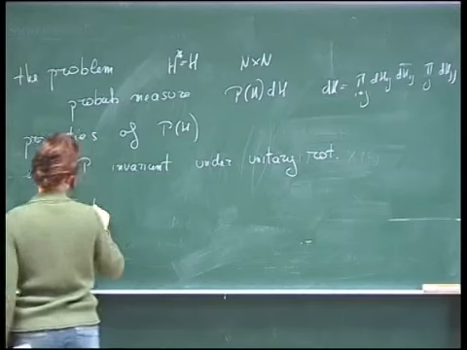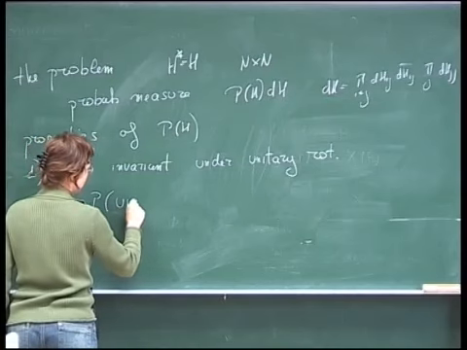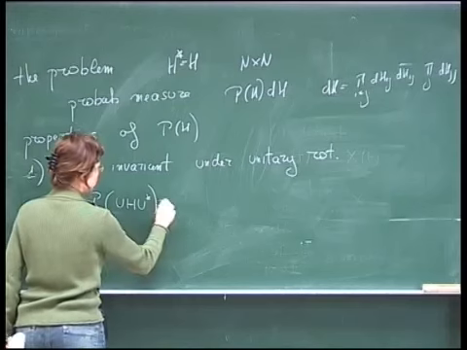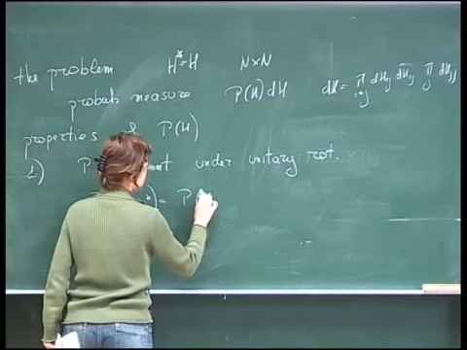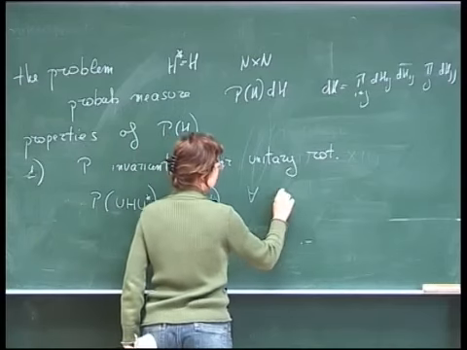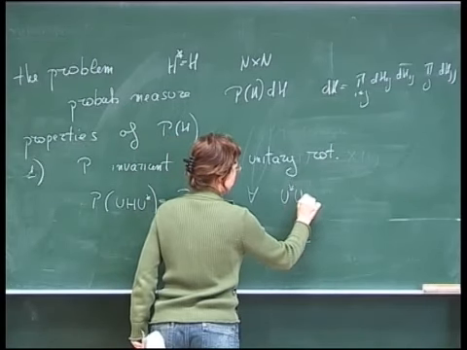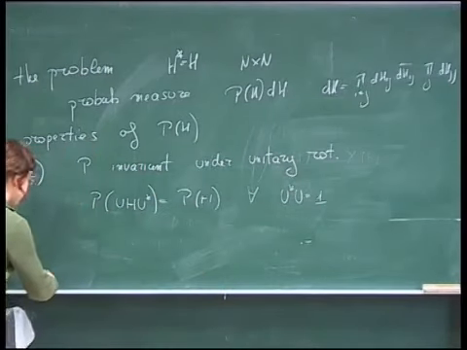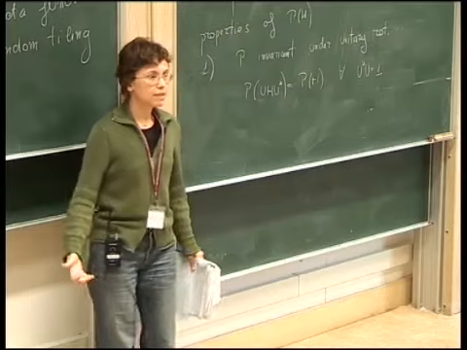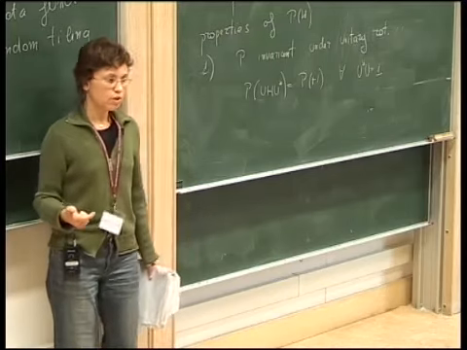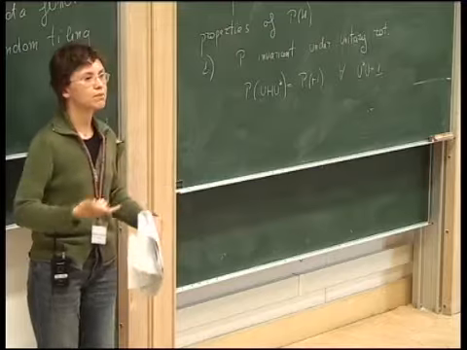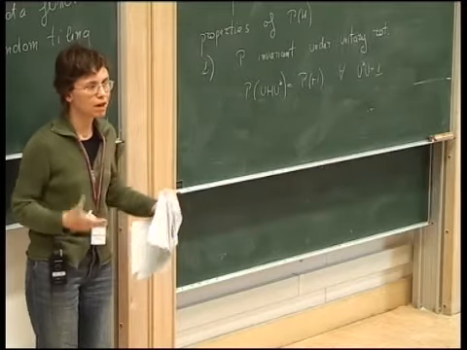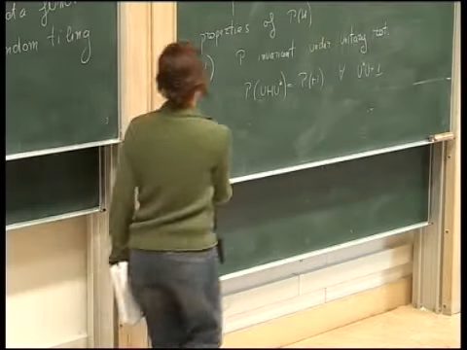That means P of U H U star is equal to P of H for all U with U star U equal to 1. Physically, this means that the particular reference system doesn't matter. The system looks the same however you look at it.